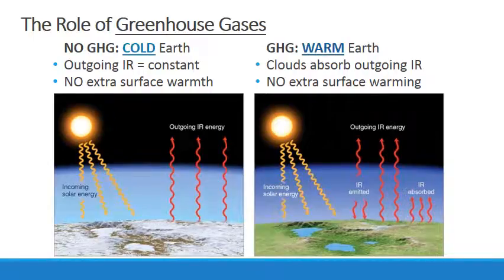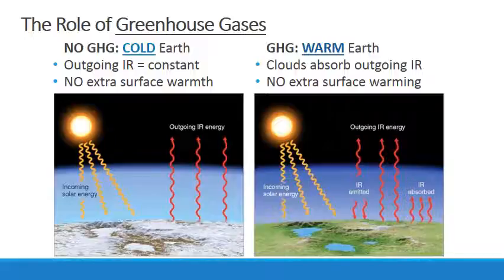Near the surface, in an atmosphere with little or no greenhouse gas, the Earth's surface would constantly emit infrared radiation upward, both during the day and at night. Incoming energy from the sun would equal outgoing energy from the surface, but the surface would receive virtually no infrared radiation from its lower atmosphere.